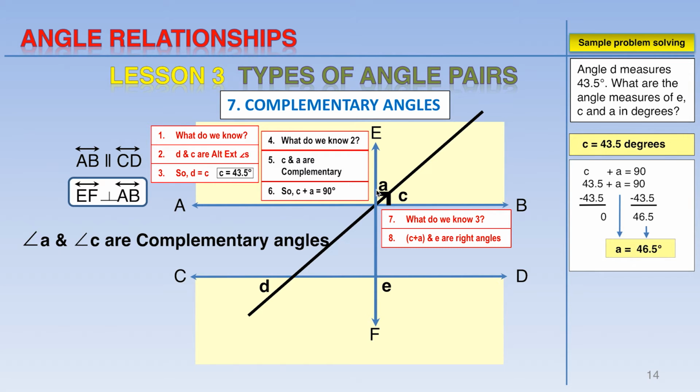Well, by definition, if two parallel lines are crossed by a transversal that is perpendicular, then every angle that's related to those are equal to each other, meaning they're equal to 90 degrees. So we know that E is equal to 90 degrees.